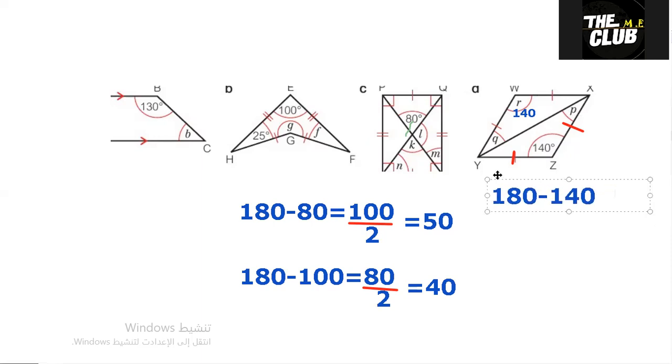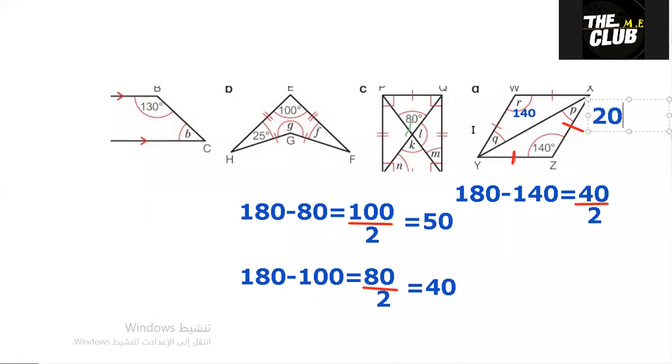Very good. It will give me 40. Now I'll take this 40 and divide it by 2. And the answer will be, very good, 20. So this one is 20. And even Q is 20.